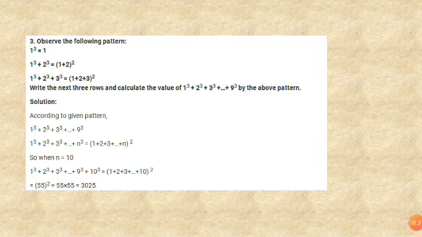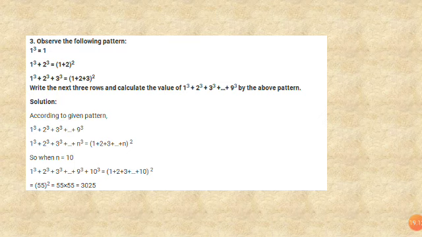Observe the following pattern. 1 cube equals 1. 1 cube plus 2 cube equals 1 plus 2 the whole square. So the sum of cubes equals the square of the sum. 1 cube plus 2 cube plus 3 cube equals 1 plus 2 plus 3 the whole square. Same method for the question. According to the given pattern, 1 cube plus 2 cube plus up to 9 cube, add 1 to n, so n is 9, 9 plus 1.